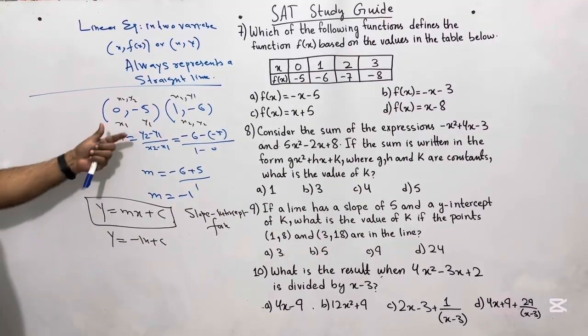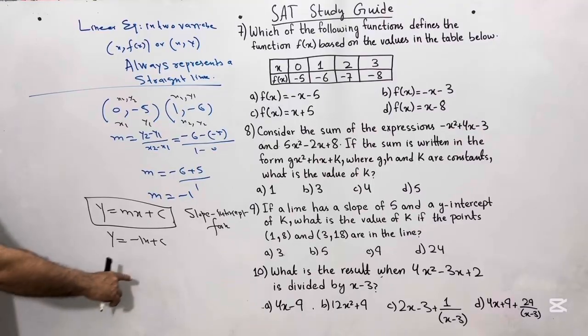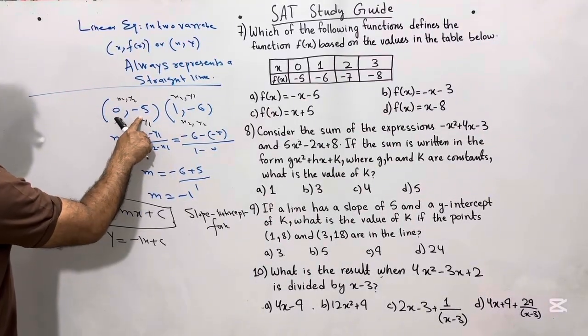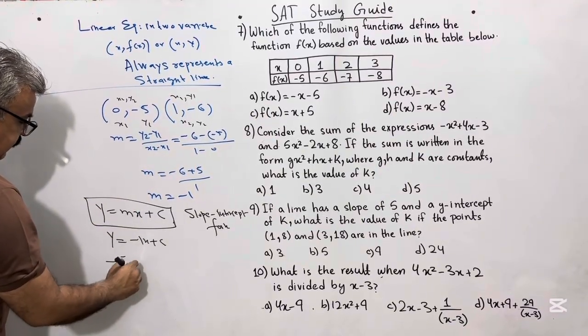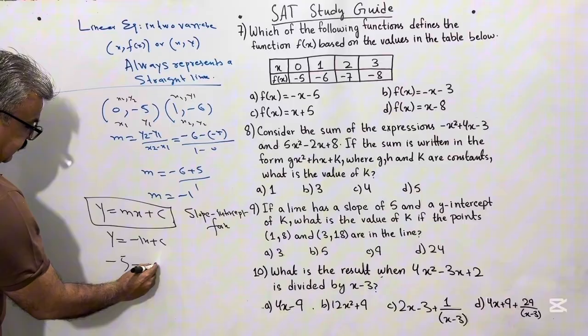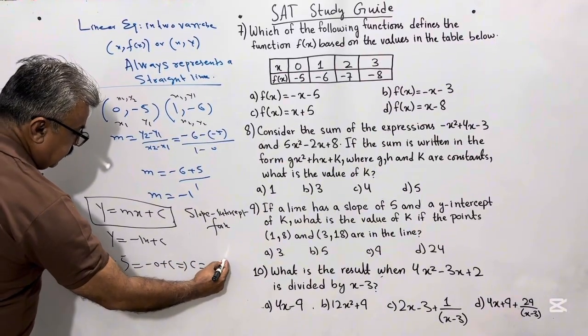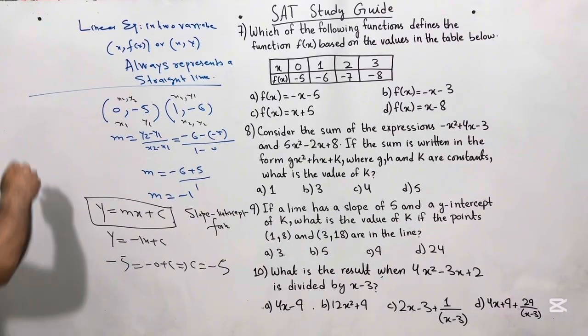Now, using either point, we are going to get c. I am plugging in the point 0, minus 5: instead of y, minus 5; instead of x, minus 0, plus c. So c is equal to minus 5.